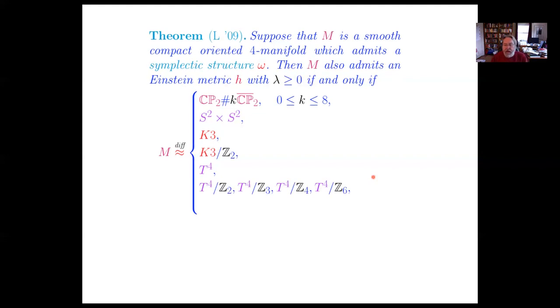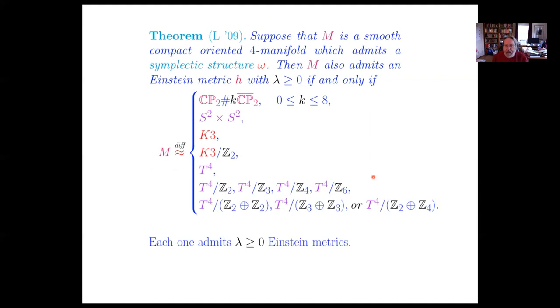And then there are certain quotients of the 4 torus by certain finite groups acting each one in a standard way, preserving the flat metric. So you take an R4 mod some lattice, and then you have an action by certain finite groups of isometries. So that's a complete list of 4 manifolds that admit Einstein metrics with lambda greater than or equal to 0, and which also admit a symplectic structure.